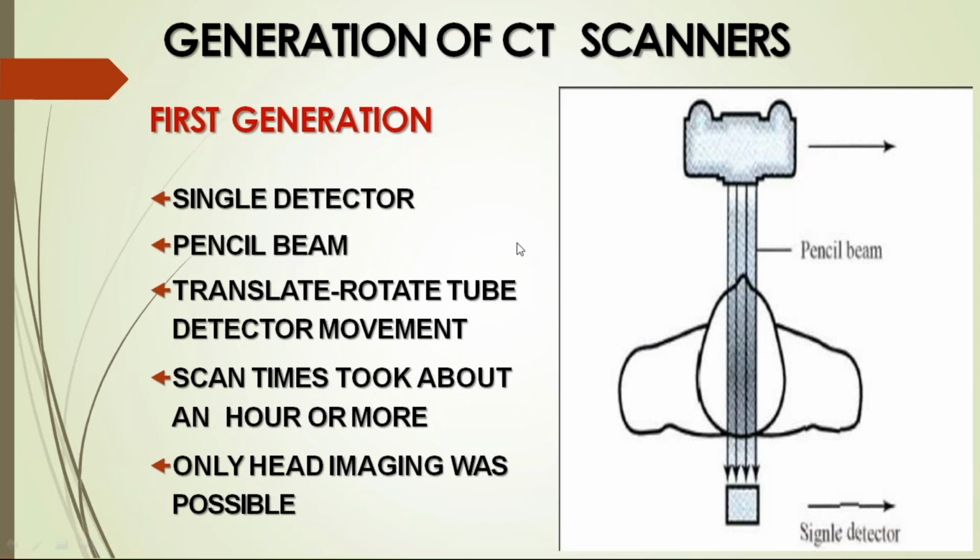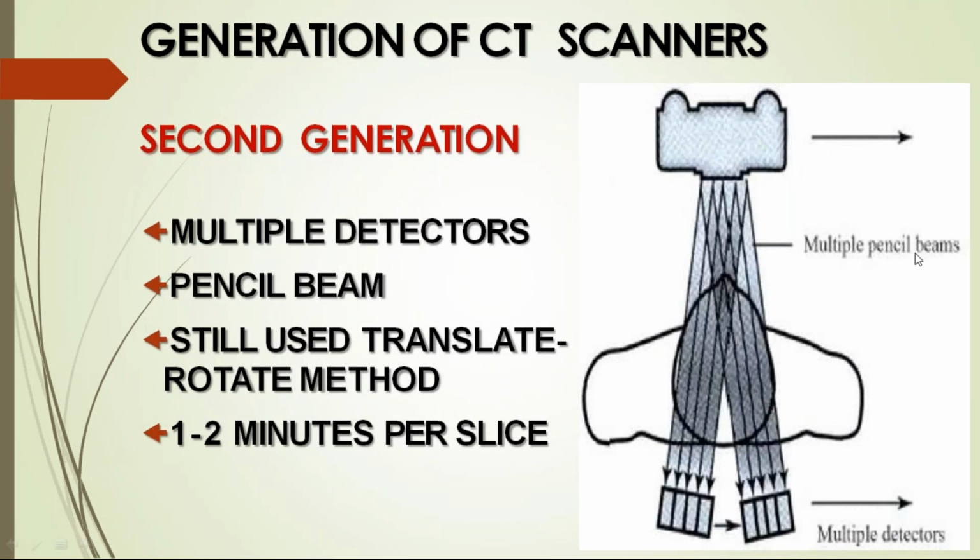After that, coming to the second generation, we use multiple pencil beams to decrease the scan time, and on different parts of the body also. In second generation, there are multiple detectors.